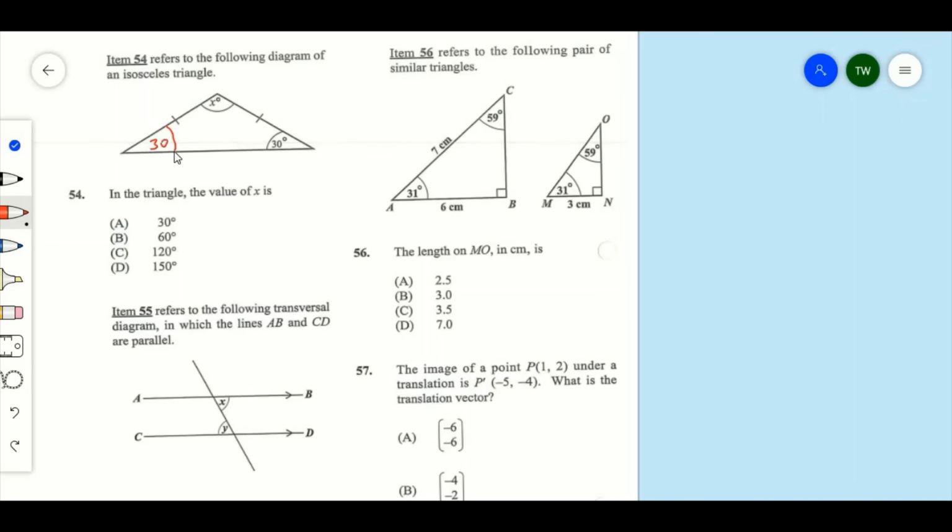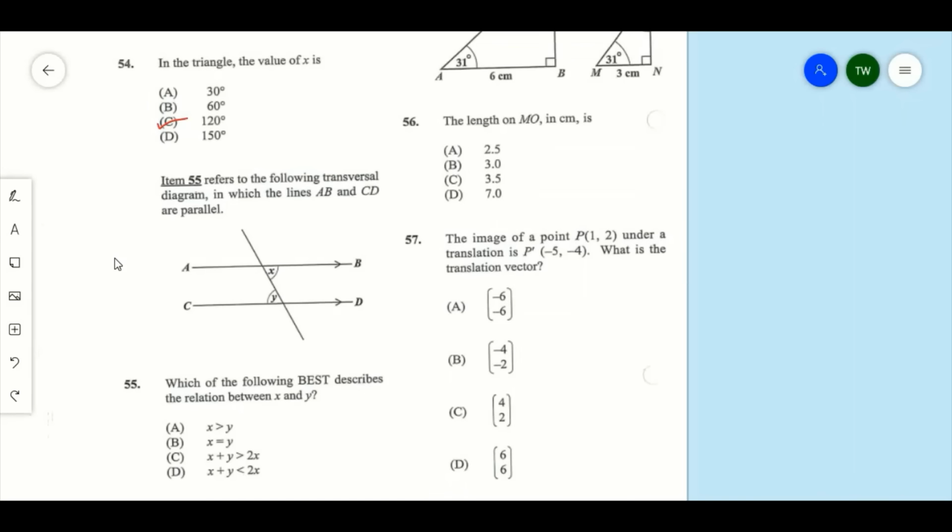Now, the sum of the interior angles in any triangle adds up to 180 degrees. So here we have 30 degrees plus another 30 degrees. That's going to give us 60 degrees. So therefore, 60 plus what value gives us 180 degrees? That's going to be 120 degrees. So x is 120. So our answer is going to be C.